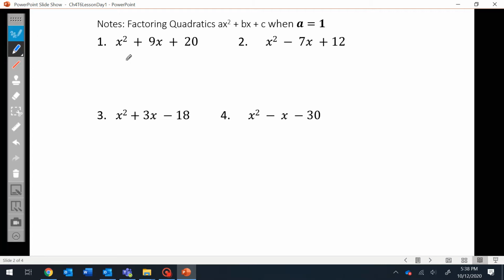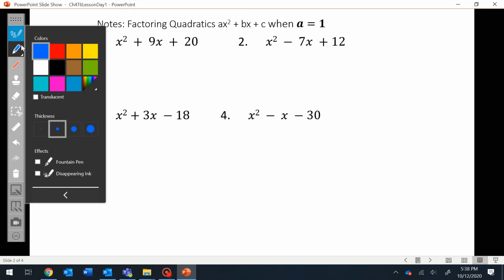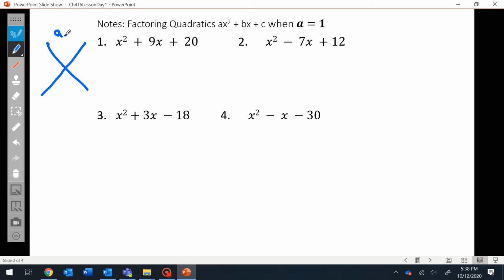Alright, so let's look at the first one, x squared plus 9x plus 20. Here's how I keep track of my numbers. I use an x, because first what I'm going to put in the top of the x is a times c. In the bottom of the x, I'm going to put b. So in this case, a is 1, b is 9, and c is 20.